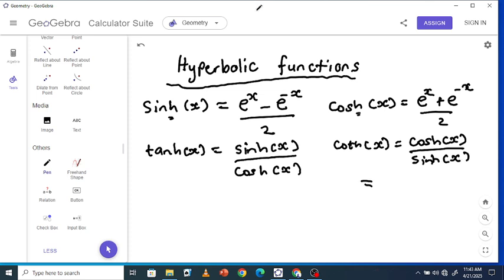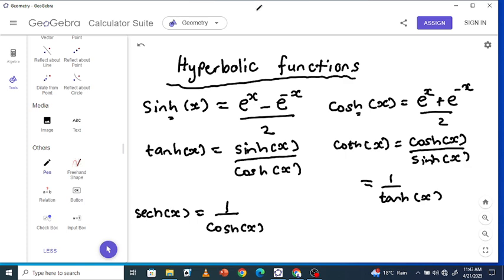This is equal to 1 over tanh x. We have the sech x, which is 1 over cosh x.